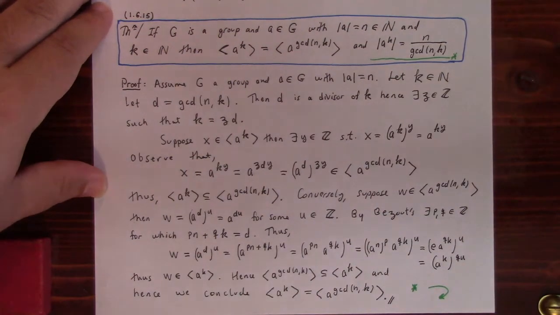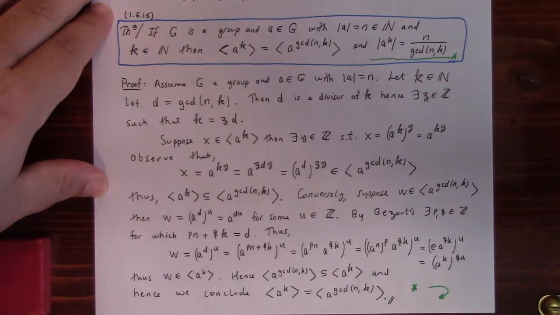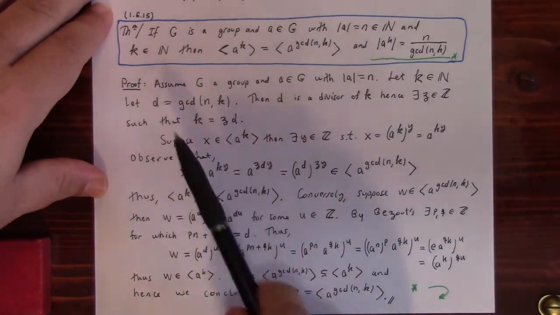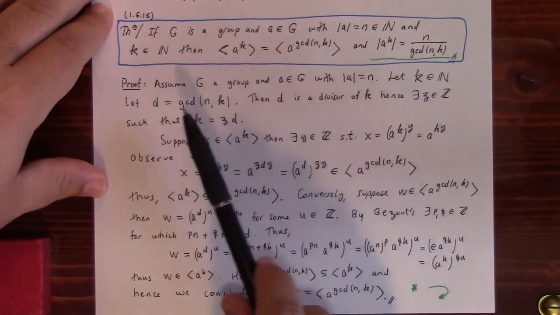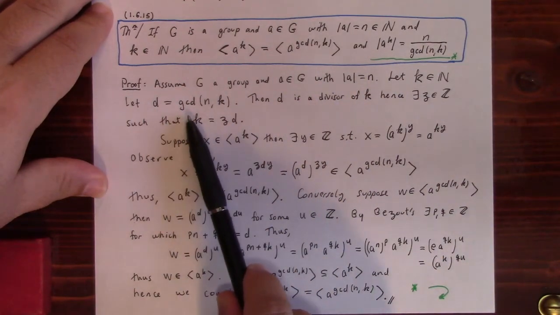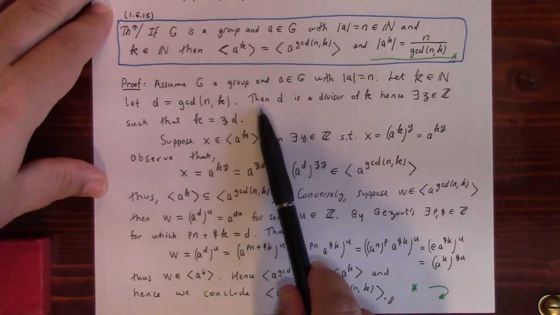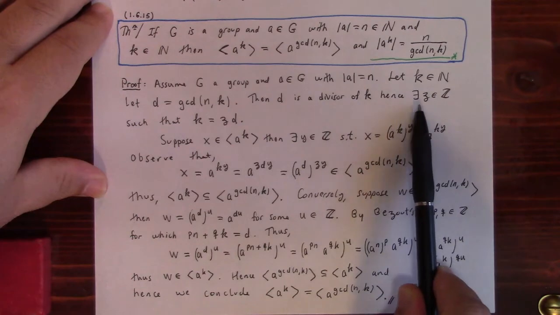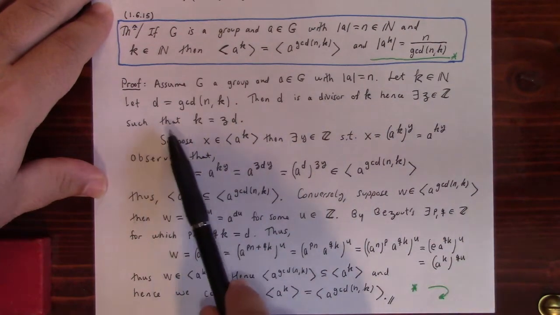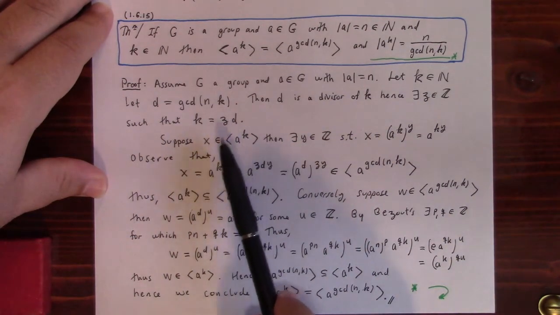So here we go. Assume G is a group and a is an element of G with the order of a being n. Let k be a natural number. Let d be the greatest common divisor of n and k, right? Well, then d is a divisor of k. Hence there exists an integer z such that k is equal to zd.